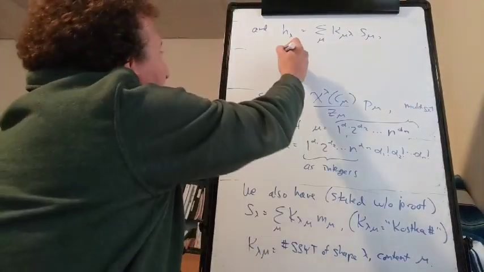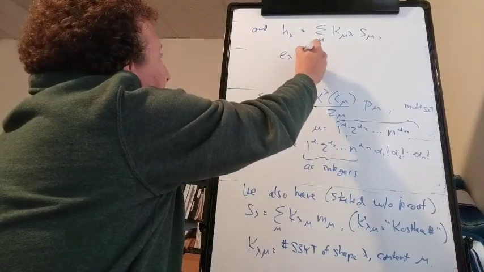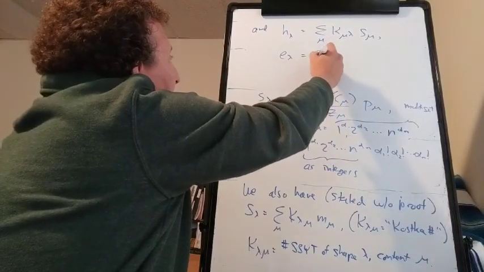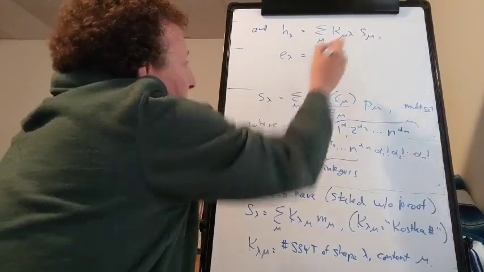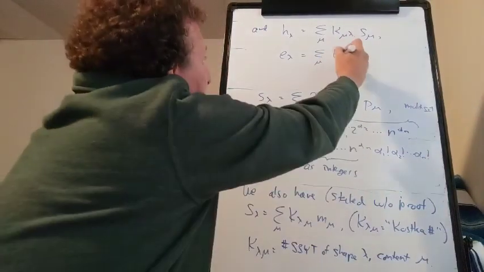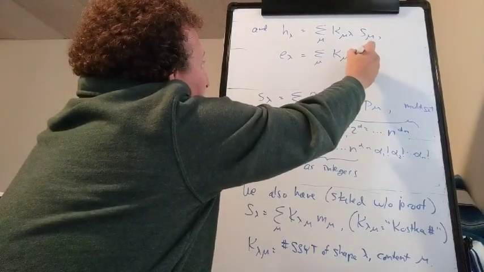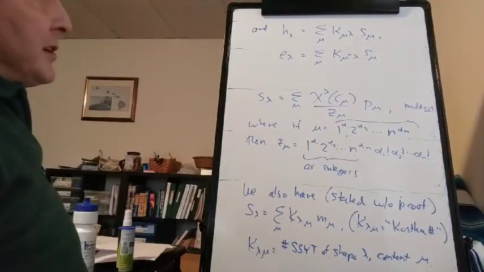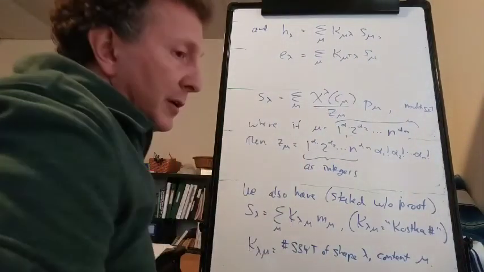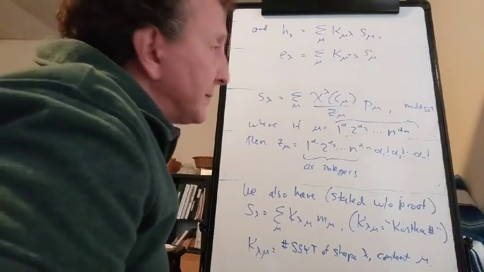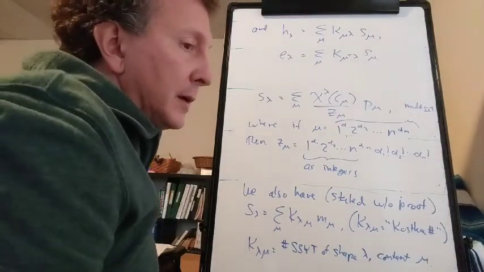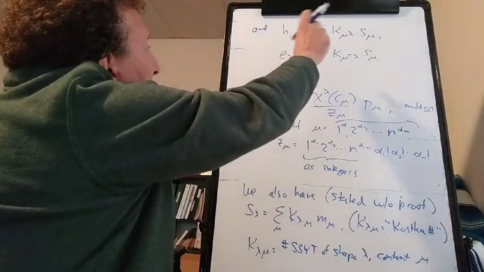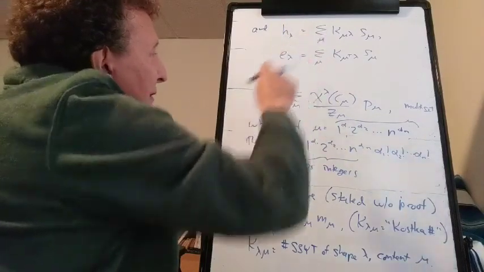And then if we write the elementary symmetric functions out, those are related to the Schur function also by Kostka numbers, but we need to transpose the first index. And the omega involution shows that these two are the same.